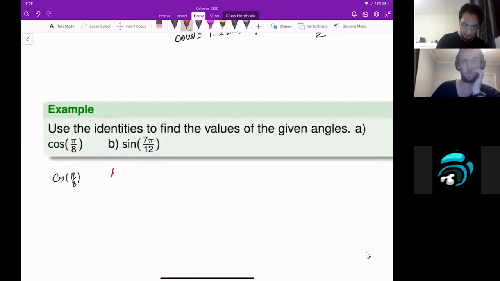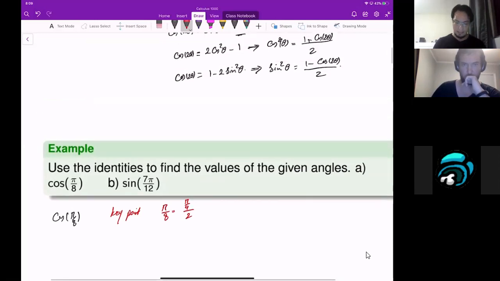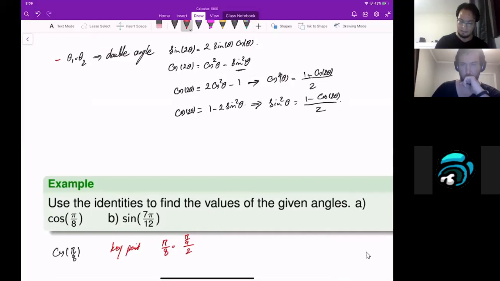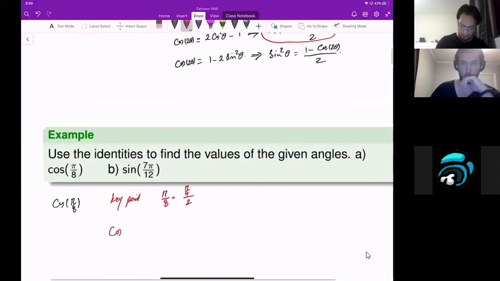But let me just try cosine of pi over 8. The key point is that pi over 8 is half of pi over 4. How is that going to help me? Well, see the angles here we have? Cosine squared of theta is 1 plus cosine of 2 times that theta over 2.